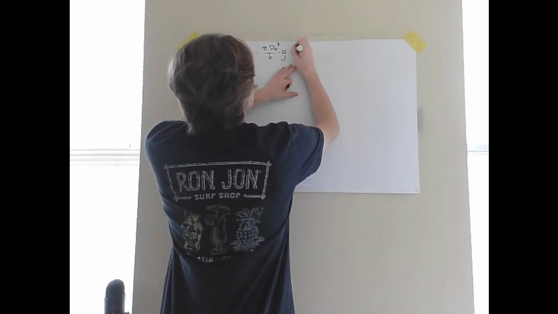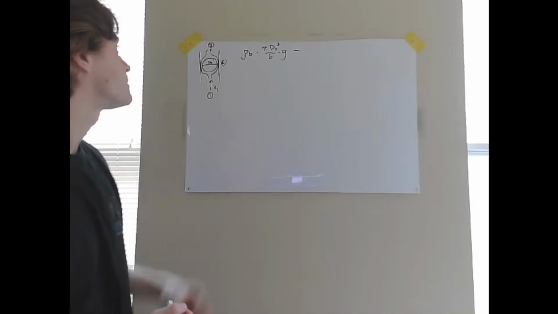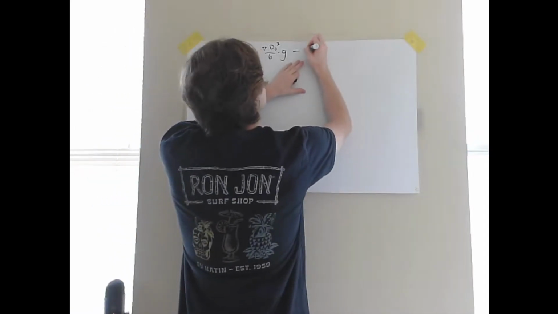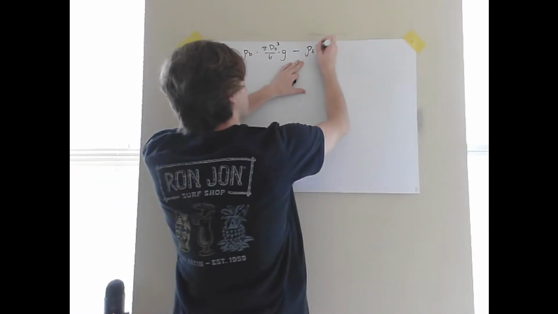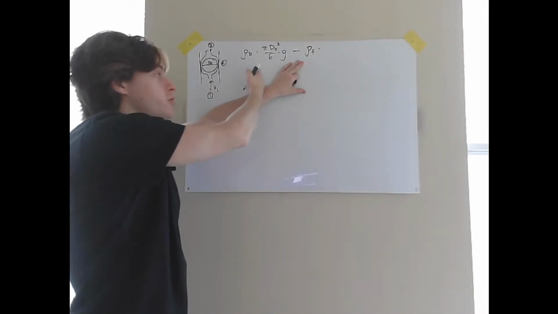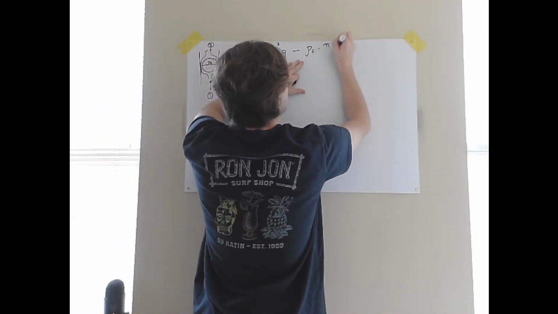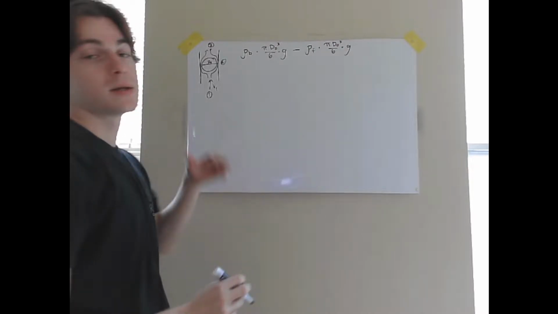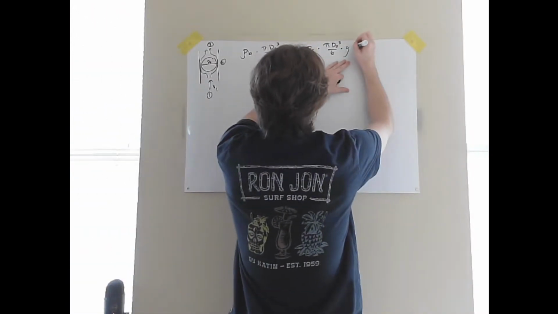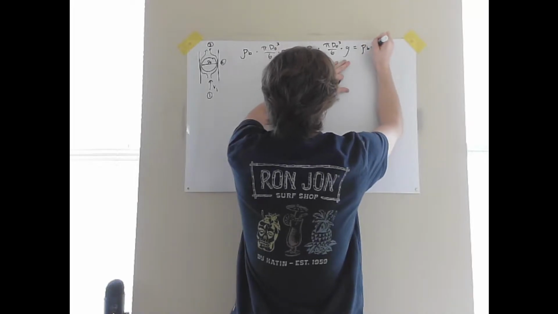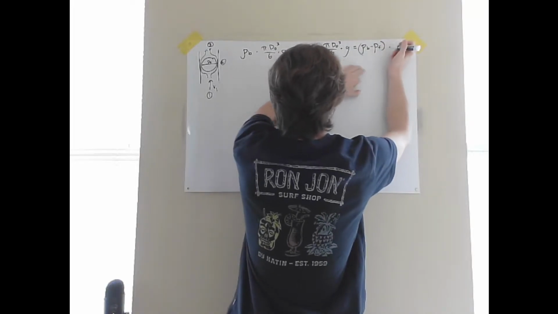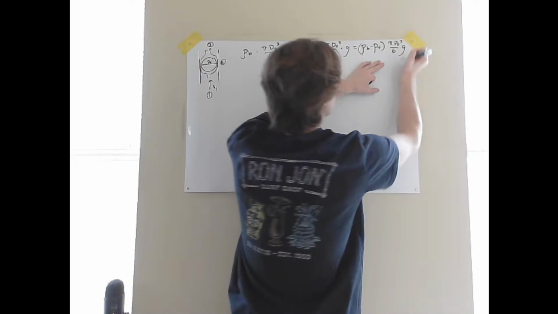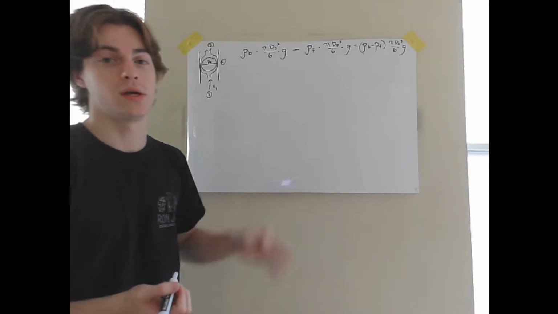To get the buoyancy force on the ball, it's just going to be the density of the fluid times the volume displaced, which is just the volume of the ball, times gravity. And so to clean this expression up, I'm going to write it over here. It's going to be the density of the ball minus the density of the fluid times pi d naught cubed over 6 times g. So that is the effective weight of the ball in this problem.